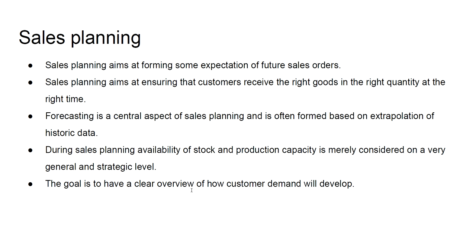However, available stock and also available production capacity is only considered from a very strategic and general level. So this is nothing that goes into the short-term planning, and it's more a very strategic consideration of availability of capacity and stock. The most important aspect of this step is to get a clear overview of future market need that needs to be satisfied.